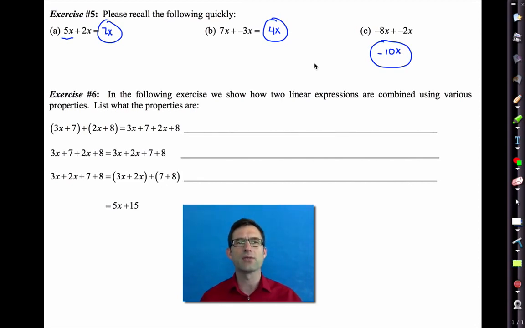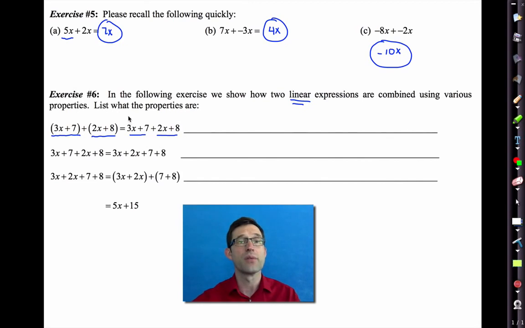It says, in the following exercise, we show how two linear expressions, we'll get into this word more, are combined using various properties. List what those properties are. So here we want to understand why we can rewrite 3x plus 7 and 2x plus 8 without the parentheses. Why can we do that? Because with the parentheses, it means that we're adding these two first, then adding the totals together.